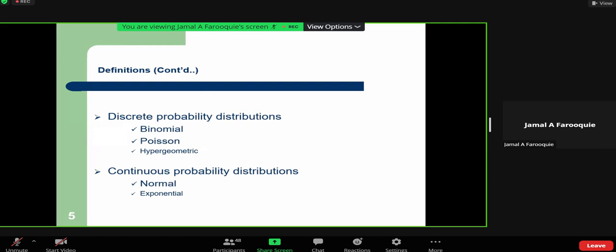If you go by any software and give some data, it can fit into different types of distributions. But here we will be considering binomial distribution and Poisson distribution under the discrete category and normal distribution under the continuous category.